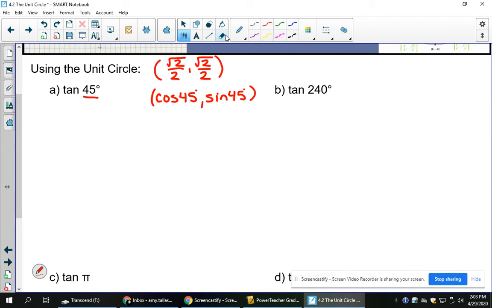Now, tan 45 is on our formula sheet. If we look up tan theta, it's equal to sine theta over cos theta. Okay, that's on your formula sheet. Now, we're working with 45 degrees for theta.